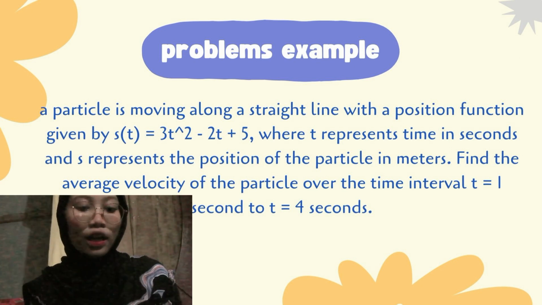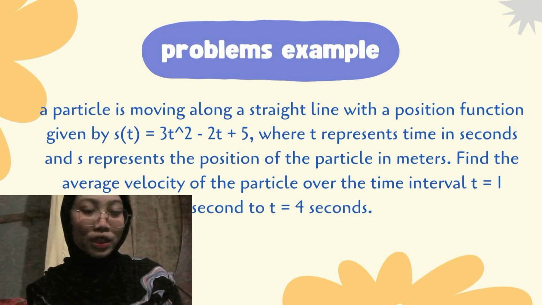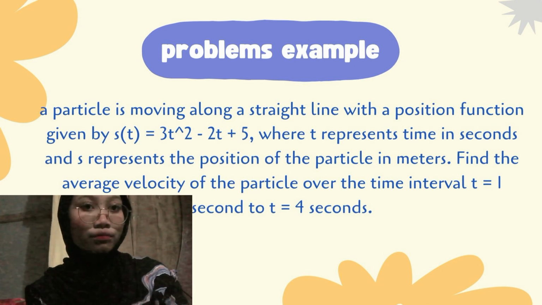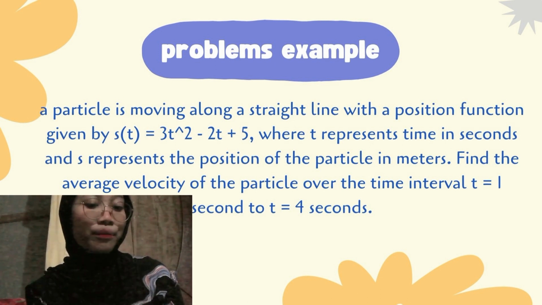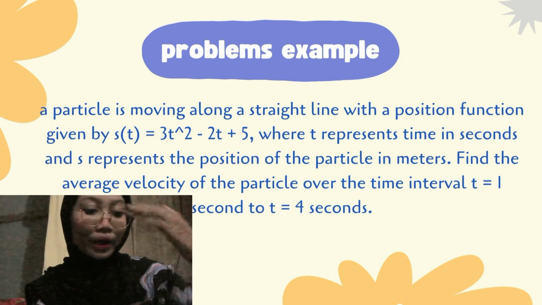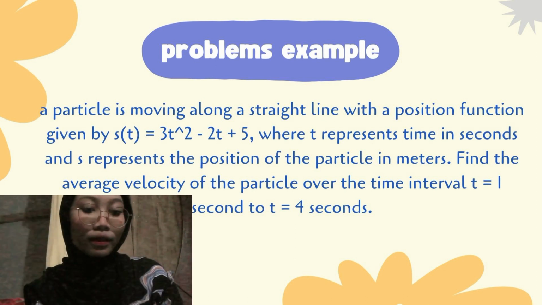Problem definition. A particle is moving along a straight line with a position function given by s(t) equals 3t squared minus 2t plus 5, where t represents time in seconds and s represents the position of the particle in meters.